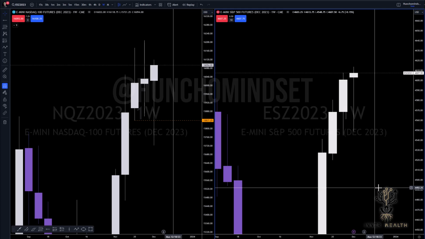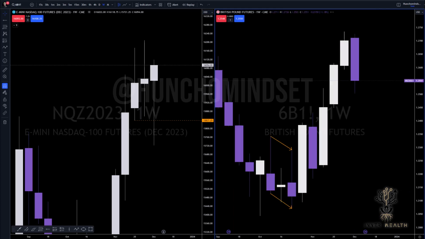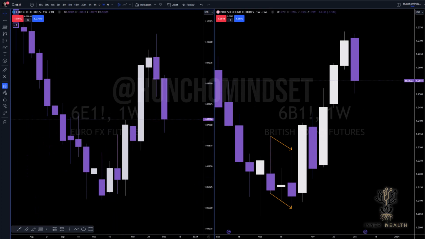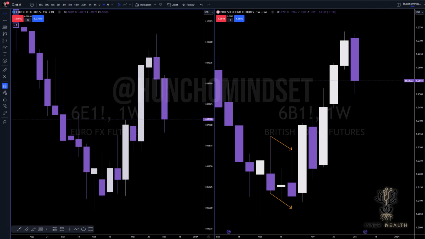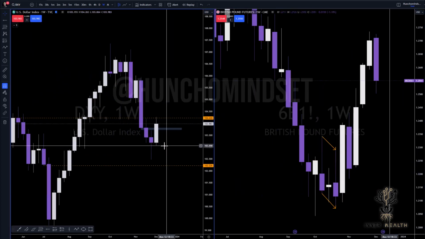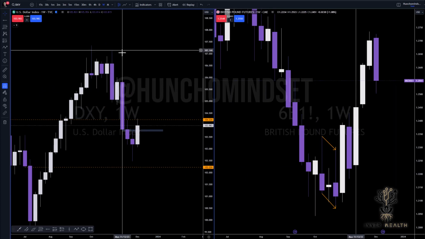Now, the indices have a direct correlation, as you guys could see. Some assets like GU and EU will have direct correlation, and some other assets like GU and DXY will have an inverse correlation, meaning that they move with opposing movements.